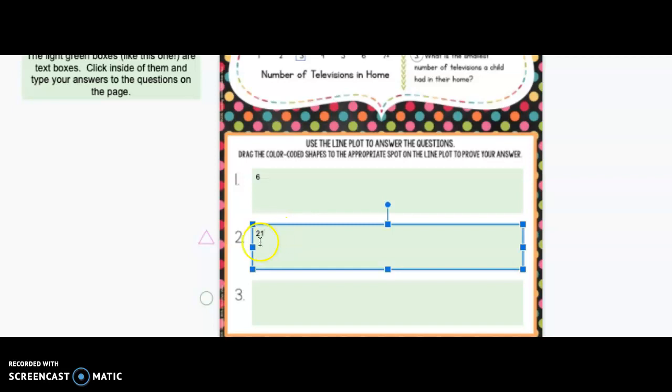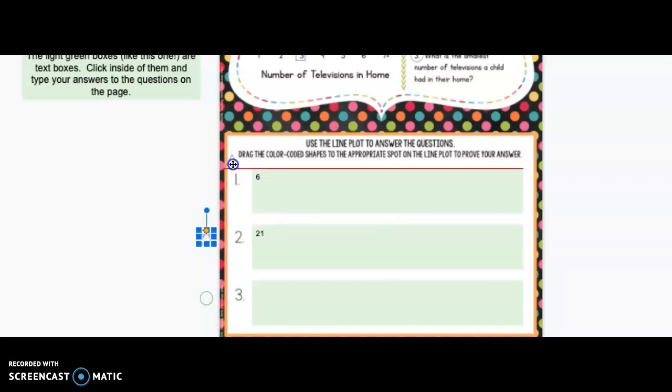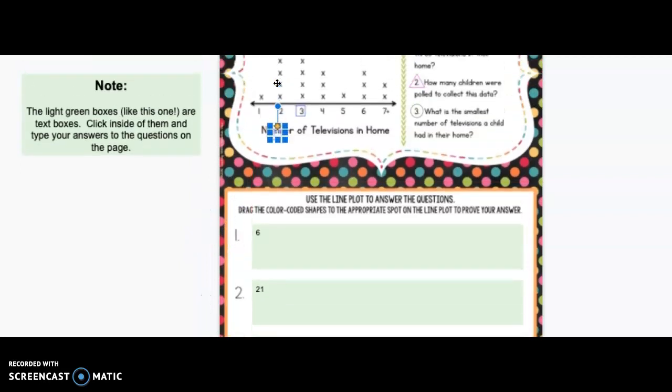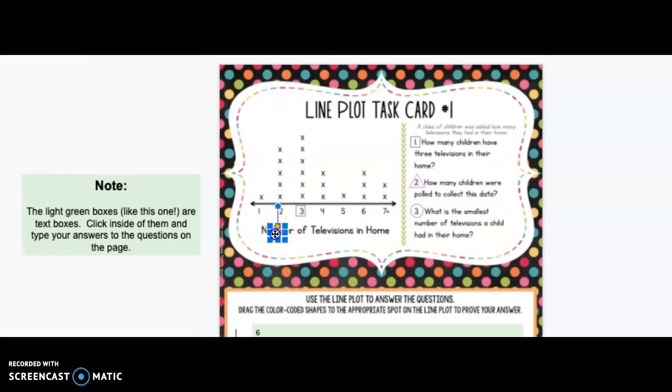I type it in the green text box, and I'm going to drag this up to where I found my answer. And you might think, well, how am I going to show that? I can't really make it over the entire line plot, but look, we can kind of drag it. Let's do this. Isn't that kind of crazy? But there you go. My eyes looked here. That shows me where you looked.